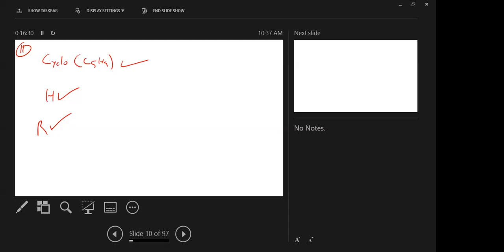My question 12 wasn't loading, but it finally loaded up.